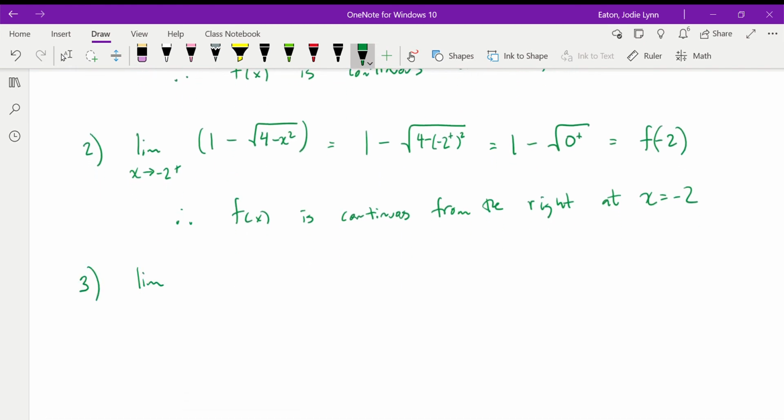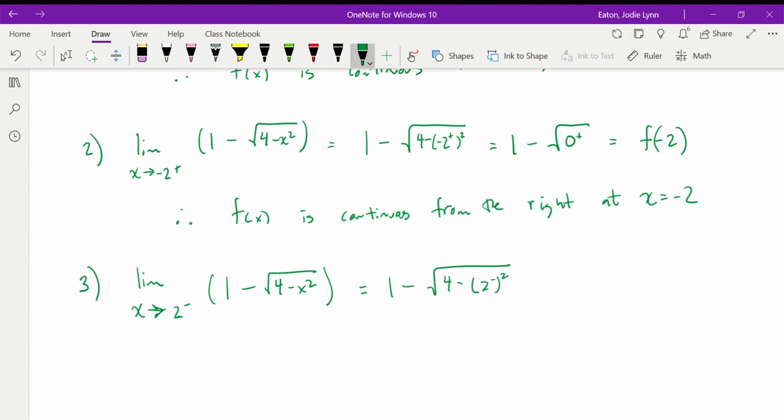And lastly, the limit as x approaches 2 from below. Oh, sorry, +2 from below, not -2 from below. That's the other end of our interval. We're still taking the limit of the same function, radical 4 minus x squared. So this is equal to 1 minus radical 4 minus (2 minus) squared.